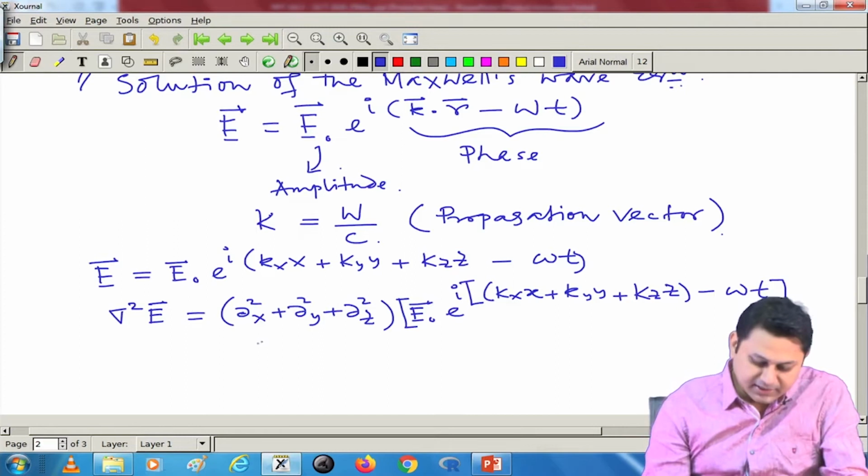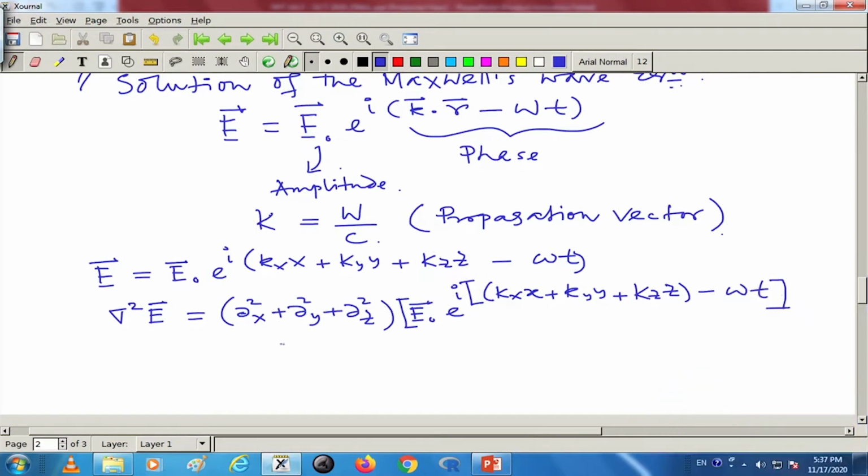Now, if I operate this thing, you can readily understand that when we operate the first term over that, it should operate only on the x component of this term, and here the x is present in kx x. So, when I operate, I will have i kx outside, and the rest of the term will remain the same. In a similar way, when you operate once again, because this is a second order derivative, we have another i kx term and so on.